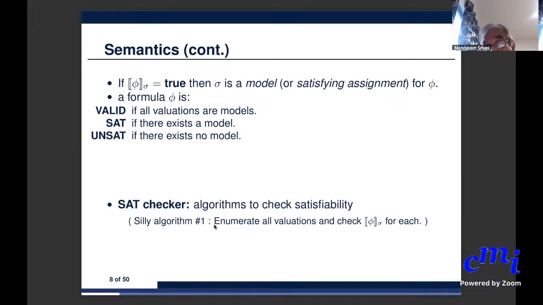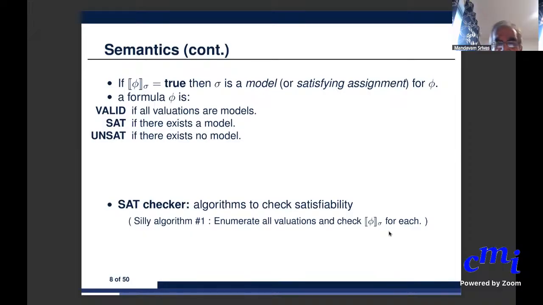If you assume your formulas are of finite size, of course there is a trivial, naive algorithm. Because all valuations are finite, given that there are only finitely many propositions occurring in a formula, you can enumerate all valuations and check each one.